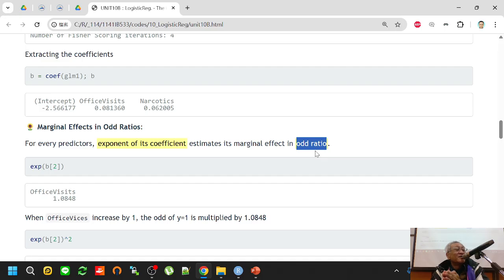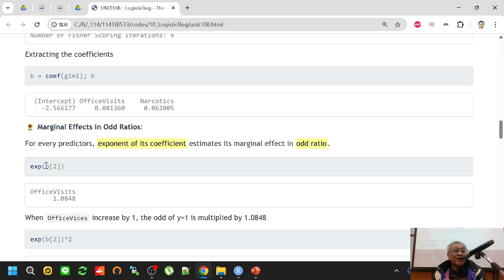Okay? So there are basically three major differences, right? The first thing is you cannot use the coefficient itself. The coefficient needs to make an exponential transformation first. Okay? And the exponent of the coefficient actually estimates the marginal effect in odds ratio.